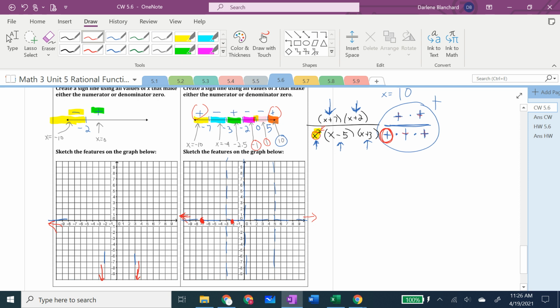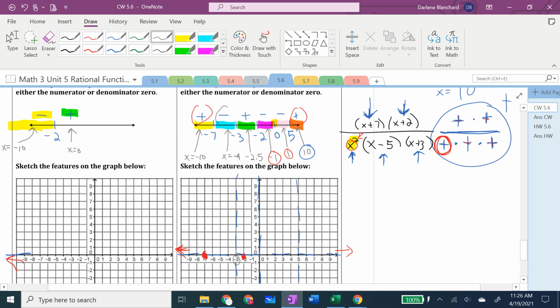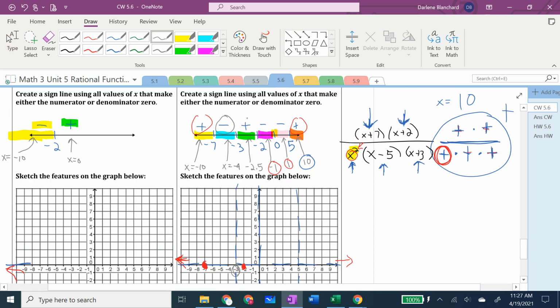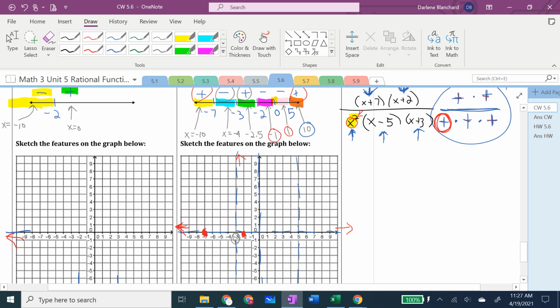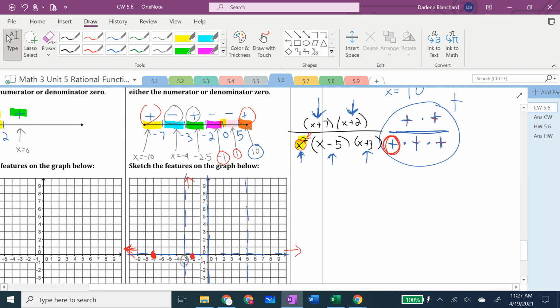For my vertical asymptote, I have a left side and a right side. The left side of -3 is showing negative. I must head down that asymptote. The right side of -3 is positive. I must head up that vertical asymptote. My second vertical asymptote is 5.